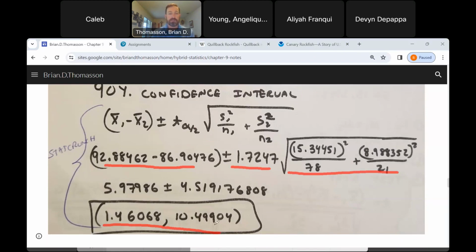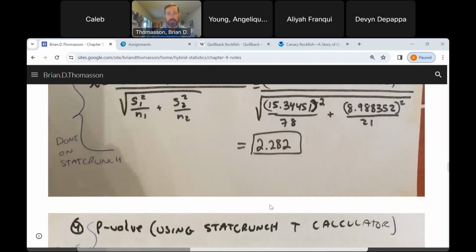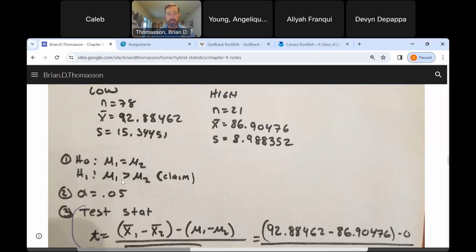Okay, so this is the difference in the two groups. Okay, so the low lead level people have higher IQs by 1.4 to 10.4 points higher than the high lead level. Okay, which corresponds with what we concluded, that H1 is true. So the low lead level people have a higher IQ score than the high lead level people. Okay.